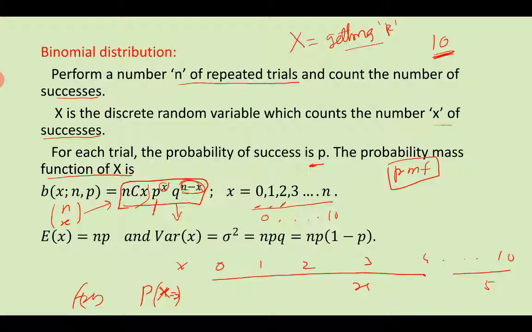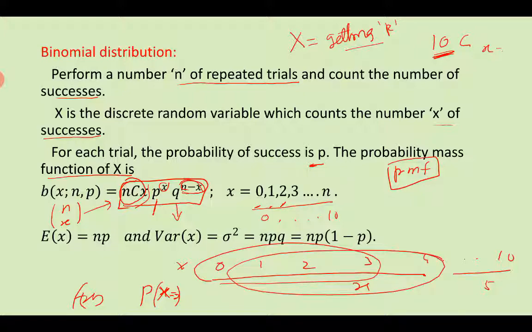This is the way the formula is written. nCx is how many ways, out of n, x successes can happen. If x is 4, the first 4 can be the successes, or the second 4, or any combination. So take the number of combinations, and then multiply by the probability of success x times and the probability of failure n minus x times. That completes the proof of this formula. This is the binomial distribution.